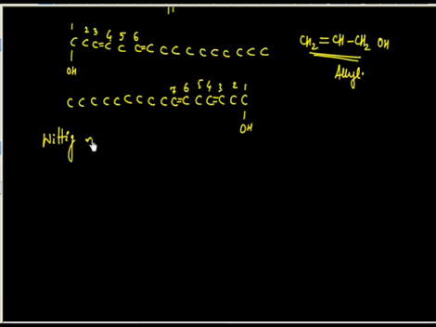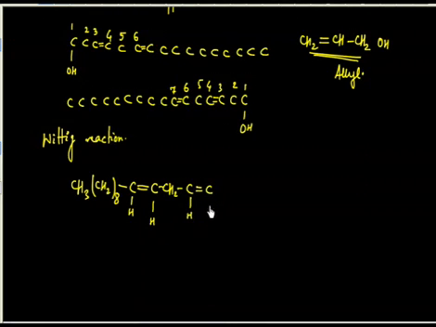If I apply the Wittig reaction idea, on this side you have CH3, then (CH2)8, which is 8 carbons, then a carbon-carbon double bond with hydrogen, then CH2, then another carbon-carbon double bond CH, then CH2CH2OH.